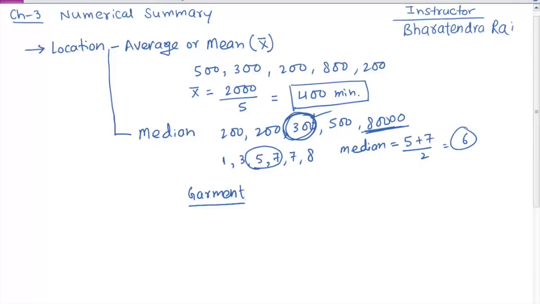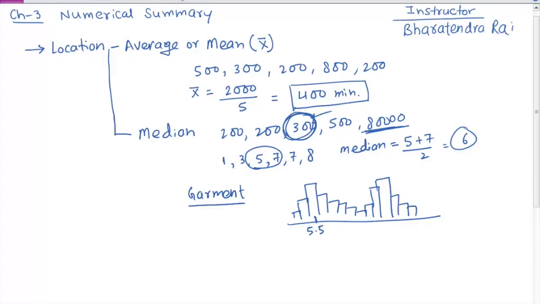Suppose there are two popular sizes and somebody makes a histogram based on the data of how many items got sold in a certain period, and you get this kind of histogram. Suppose this is about 5.5 and this is about 6.5 in terms of some kind of size.